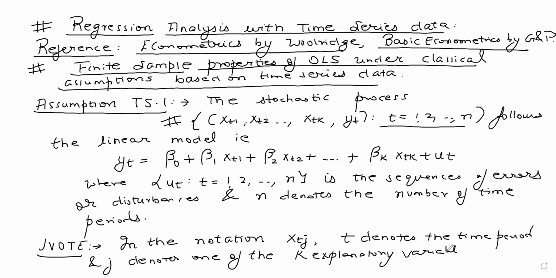The point to understand here is that I have k independent variables across n time periods. So therefore there are k independent regressors across n time periods.